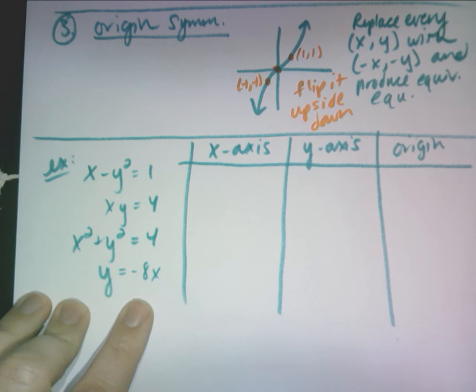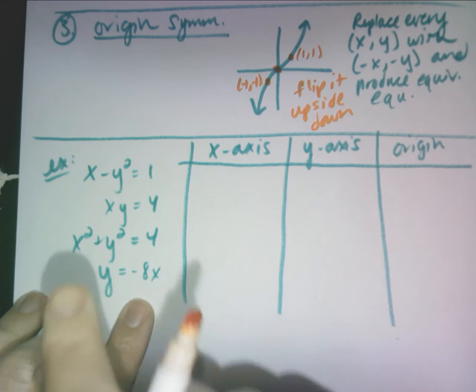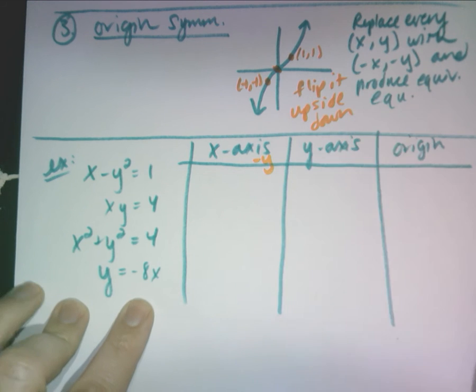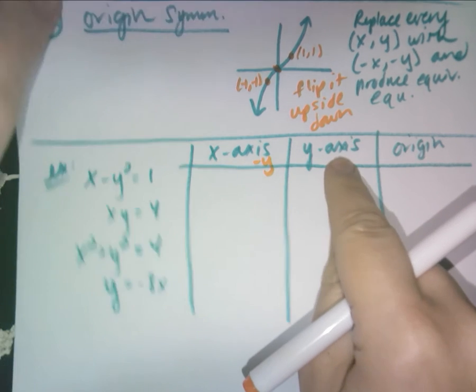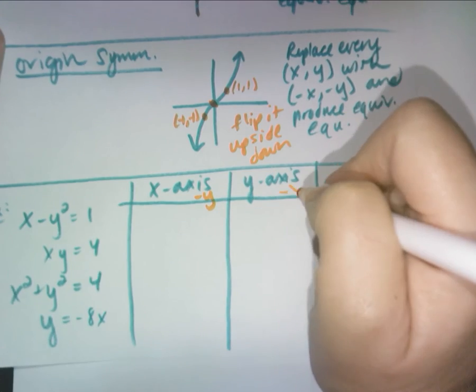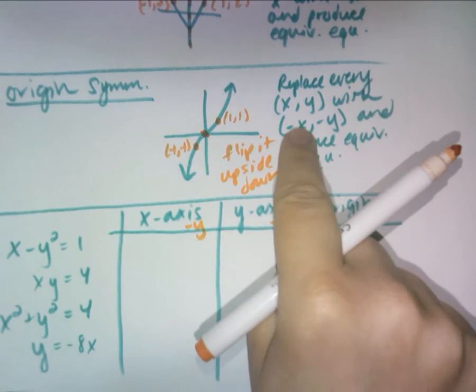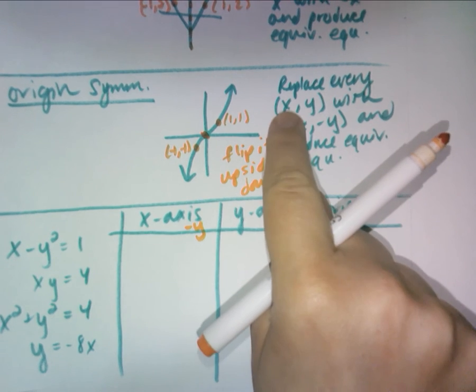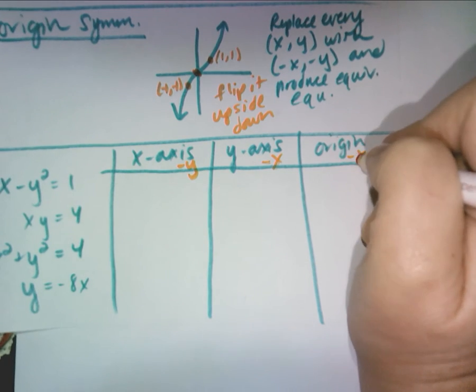What do I have to plug in? A negative y everywhere I see a y. Okay, it's weird, I know, but you're going to plug in a negative y. If I have y-axis symmetry, I'm going to replace every x with a negative x. If I have origin symmetry, I'm going to replace every x and y with a negative x, negative y.